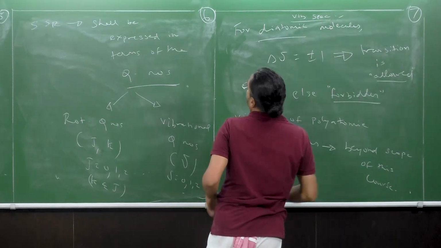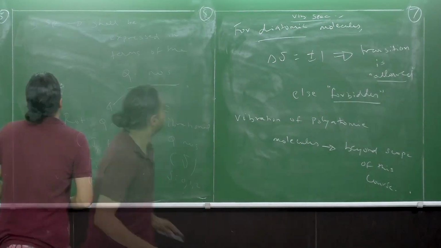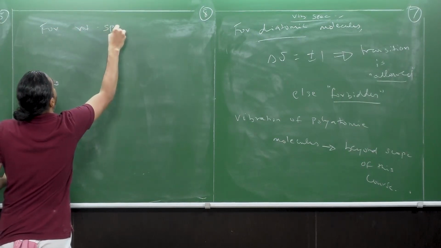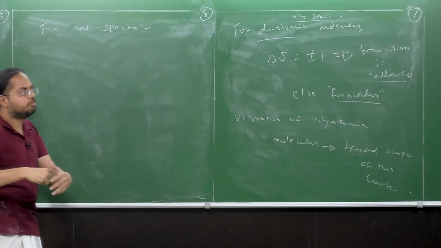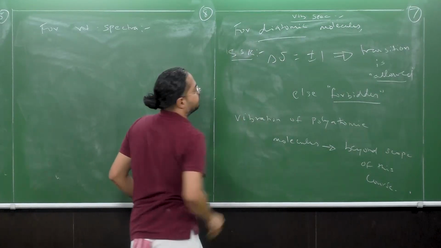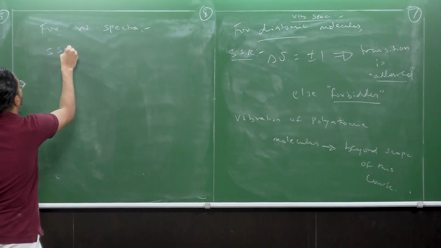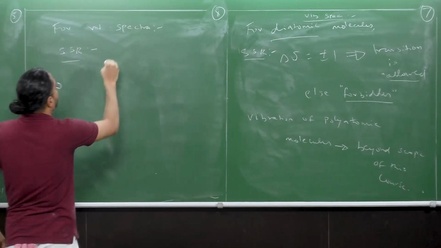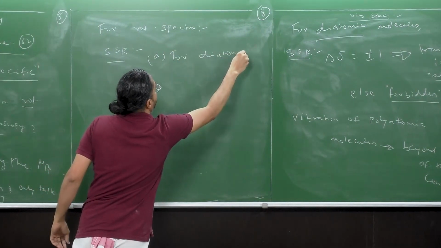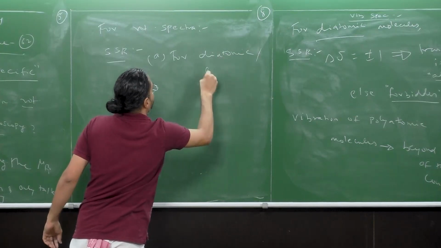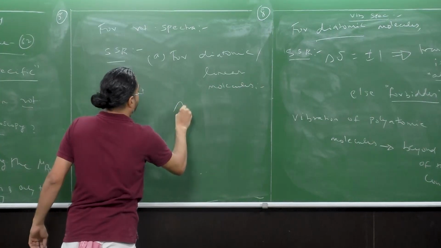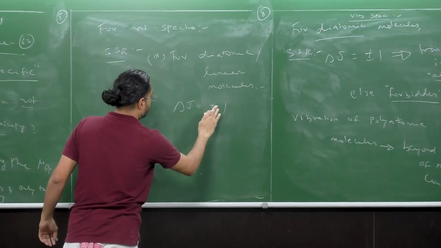As far as rotational spectra is concerned, the specific selection rules are, again, for diatomic or linear molecules, delta J is equal to ±1.